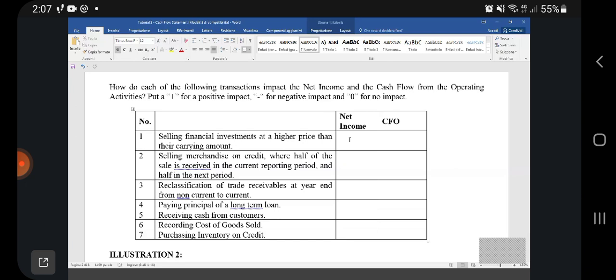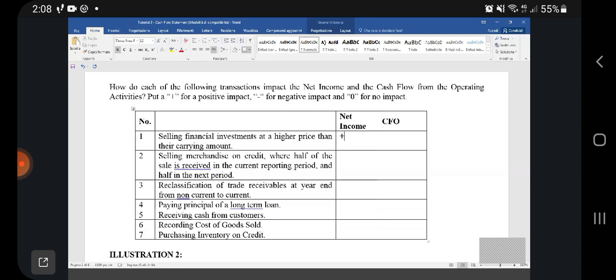Having a gain on sale of investment increases the overall gain or profit for the company. That means that this transaction will have a positive effect on net income. Each time that I sell investments with a value higher than the cost of purchasing them, I am generating gains, and this increases the net income, okay?